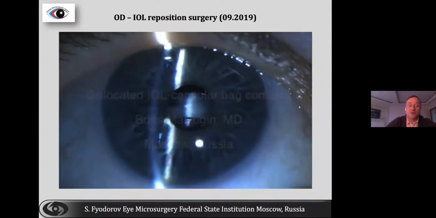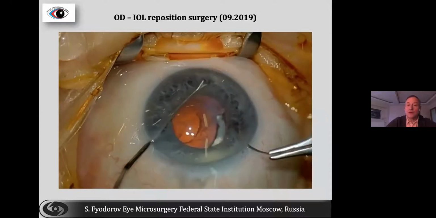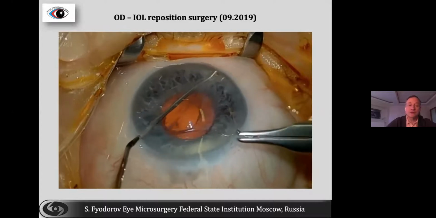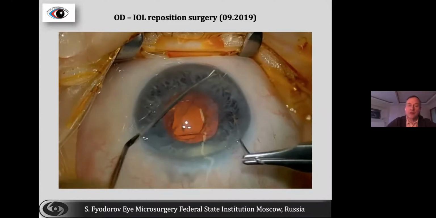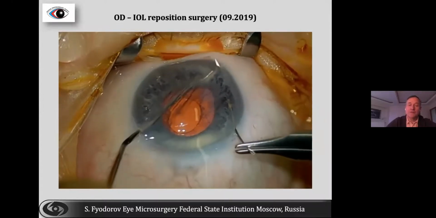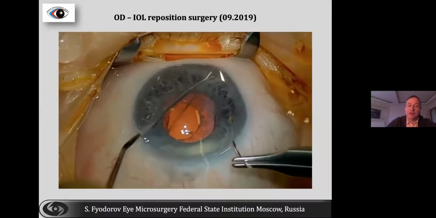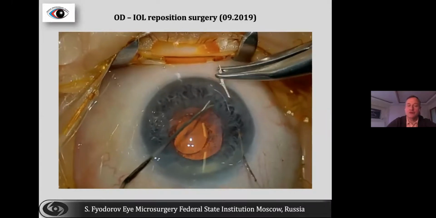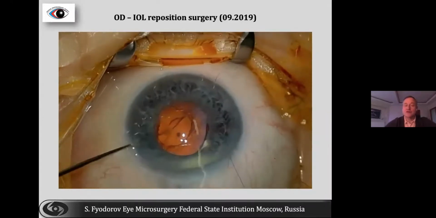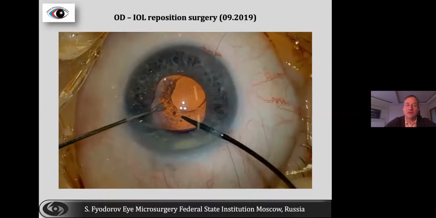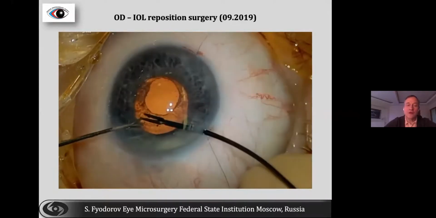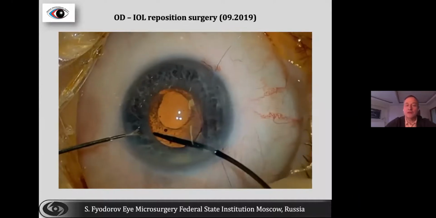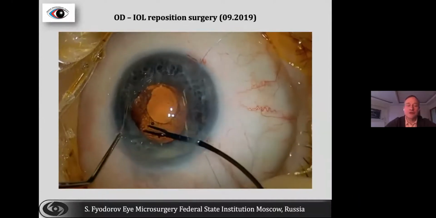So we obviously need to correct this, and one of the options is to suture this IOL capsular bag complex to the iris, and this is the technique I use in these cases. I'm suturing through the capsular bag, placing the suture around the optical element, and then going out of the eye, as shown here.